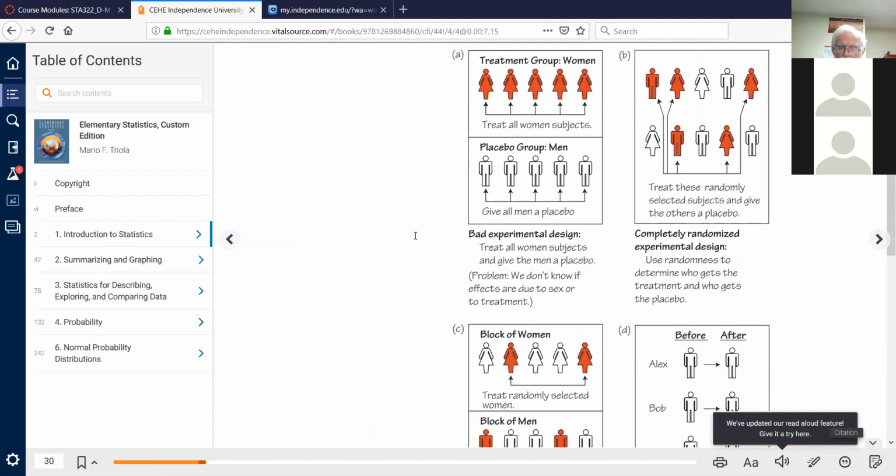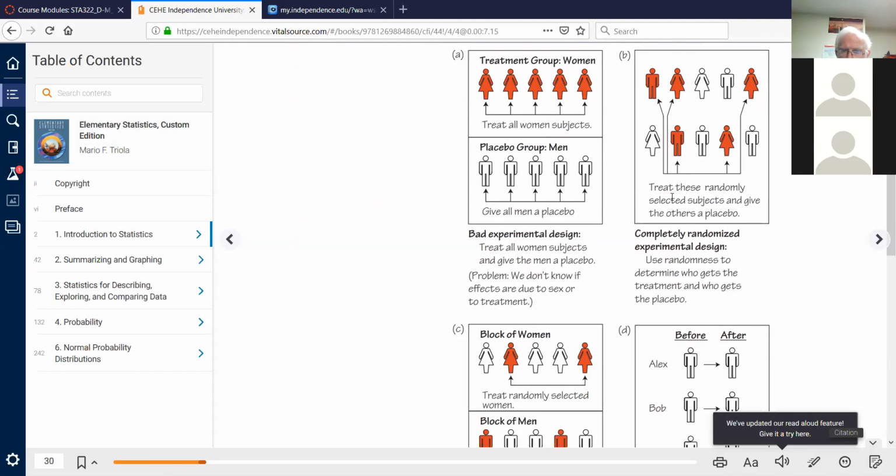Okay, so here you can look at this in the elementary statistics text, the Triola text as well. But experimental design would be to treat all of the women subjects or give placebo to all men.